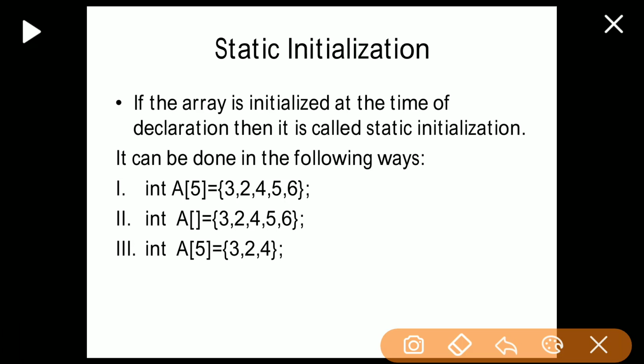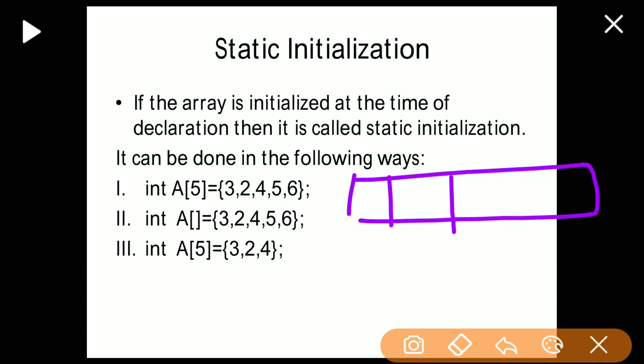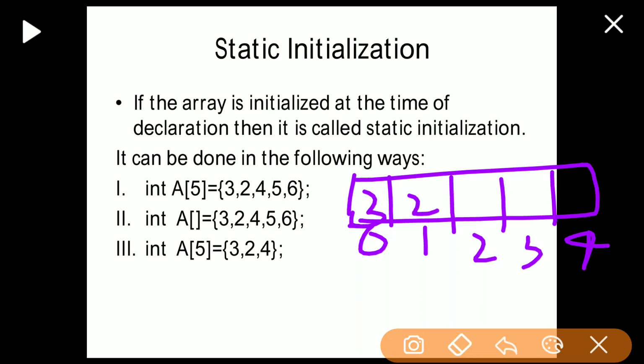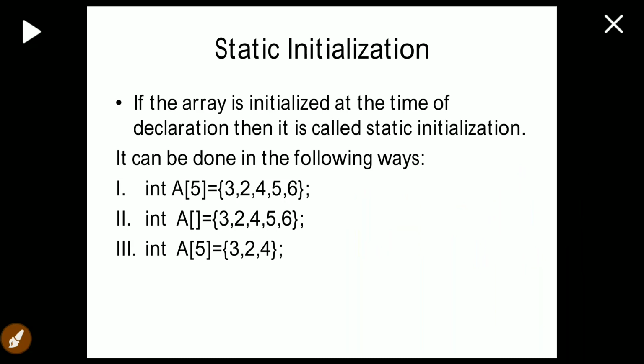The first one is that you are creating an array to hold 5 values. The index will always start from 0 and go up to 4, and these values are assigned to these locations. The values are 3, 2, 4, 5 and 6. This is how the first declaration and initialization takes place.